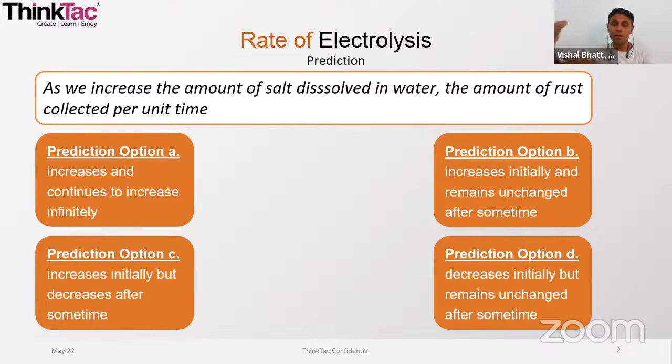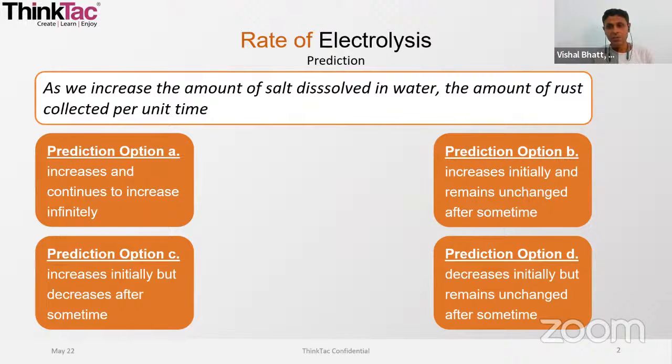So if I add 10 teaspoons, I'll get a certain rate, let's say 20 grams per minute. With 15 teaspoons, I'll get, let's say, 25 grams per minute. With 50 teaspoons, it will continue to increase. So it will just keep increasing.